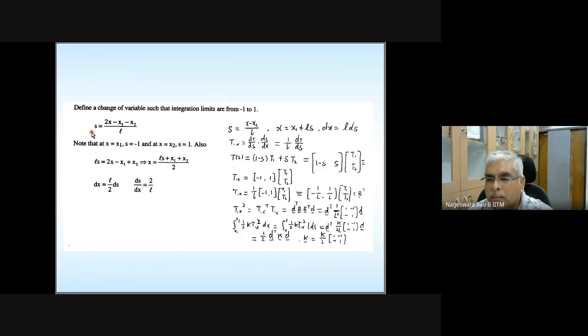What is the relation between the parent element coordinate system and the actual element coordinate system? And why is this required? Because we can change the limits of integration from -1 to 1, because the parent element goes from -1 to 1 irrespective of whatever x1 and x2 are. So x is equal to x1 corresponds to s is equal to -1, x is equal to x2 corresponds to s is equal to 1, all that, whatever you studied.